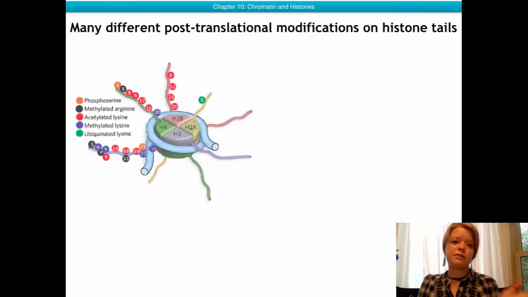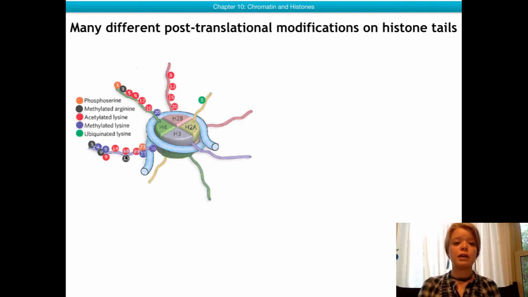There are lots of different post-translational modifications that have been reported in the literature. This is just a brief summary, and there are two specific post-translational modifications on very particular amino acids that we're going to discuss a little bit later, and those are worth remembering because we're very sure about those.